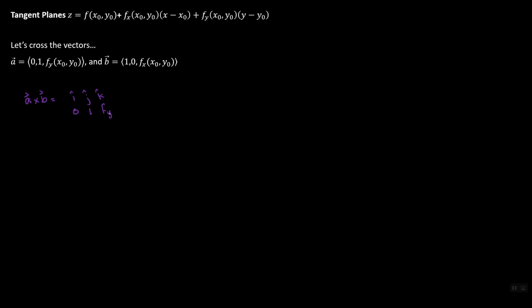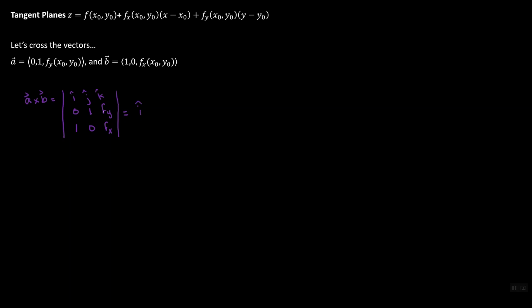And then when we go back to compare, we will write out the full notation. And same with our b vector. When I plug in my b vector in the bottom row, I have 1, 0, and then my f partial with respect to x. I'm not going to write that I'm plugging in points because it just makes the notation too cumbersome. We'll go back to that in a minute.